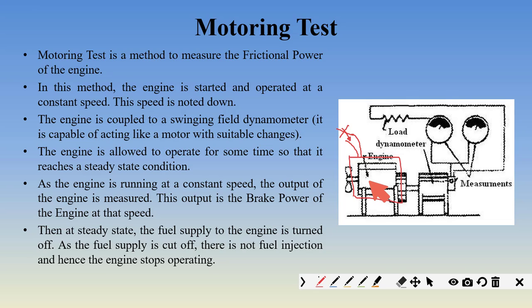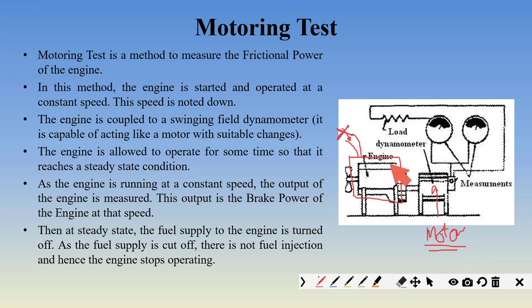No, the engine is not going to produce any power now. But at the same time, just as we stop the fuel supply, we hit another switch. And this switch converts this dynamometer into a motor.